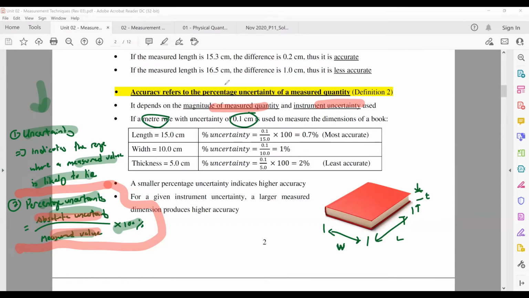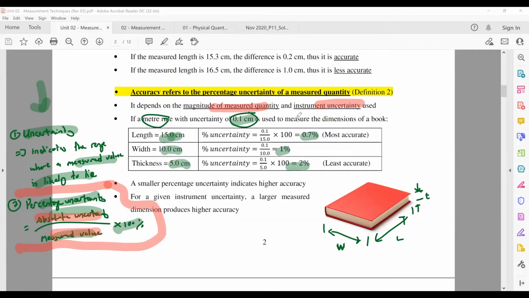And then these are the values that you manage to get. So you take this uncertainty, divide by the length, times 100%, you're going to get your percentage uncertainty as this. Right, 0.7%, 1%, and 2%.